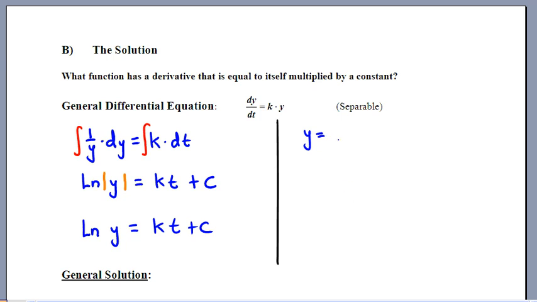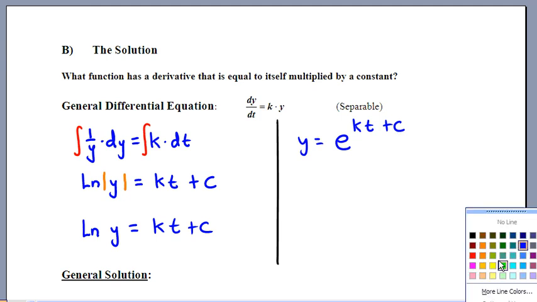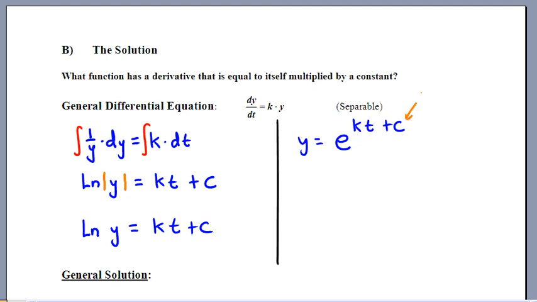But then as you exponentiate the right side, you would have e to the kt plus c, this arbitrary constant that we're using just to make sure everything is going to work out very nice. Now, we often don't like to write it that way. It doesn't work out well to try to find a c up in that exponent position. It's just remarkably awkward to have it up here.